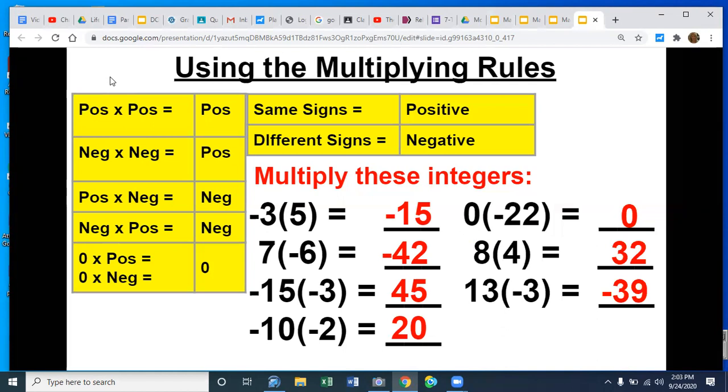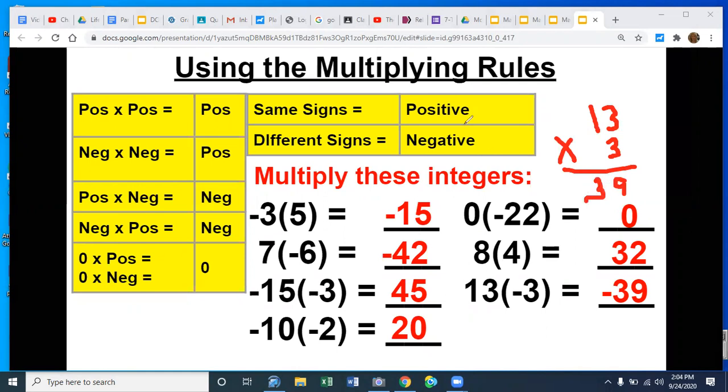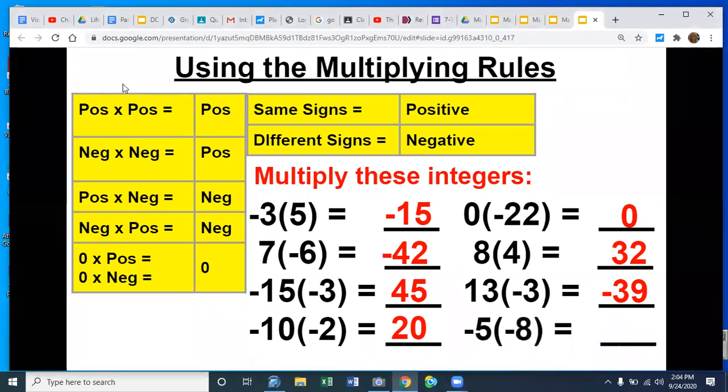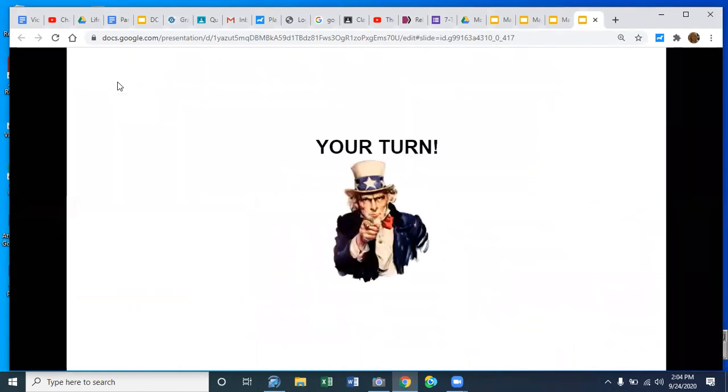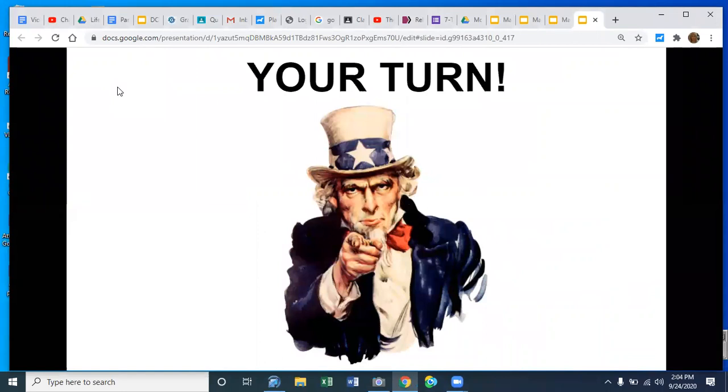And by the way, if you don't know how to multiply 13 times 3, I do everything vertically so I don't get messed up. 3 times 3 is 9. 3 times 1 is 3. And then it takes a negative sign because you have different signed numbers. And then the last one on this page, negative 5 times negative 8. Positive 40. Correct. Now it's your turn to give these rules a try.